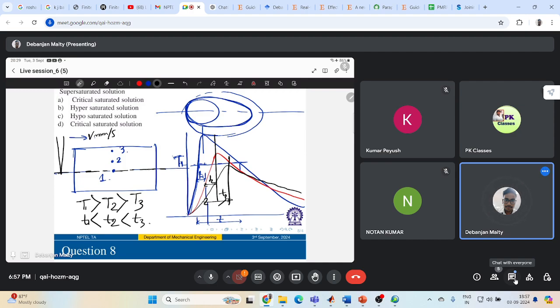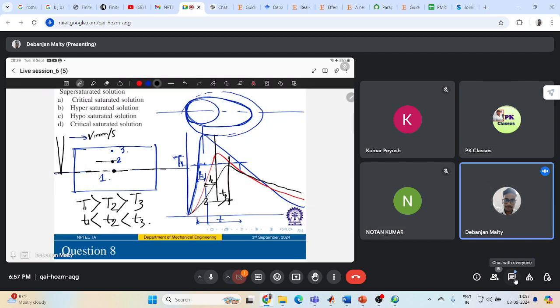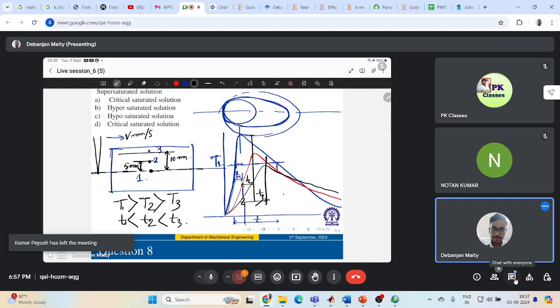I have put one thermocouple at the center, another thermocouple at, let's say, 5 mm away from the center, and another thermocouple at 10 mm away from the center.